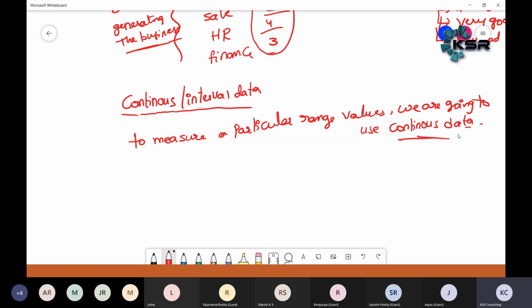The ideal range is from minus infinity to plus infinity. Some of the examples for this: temperature.